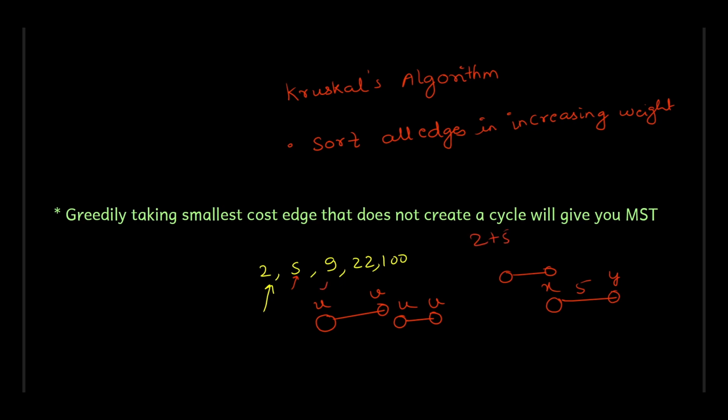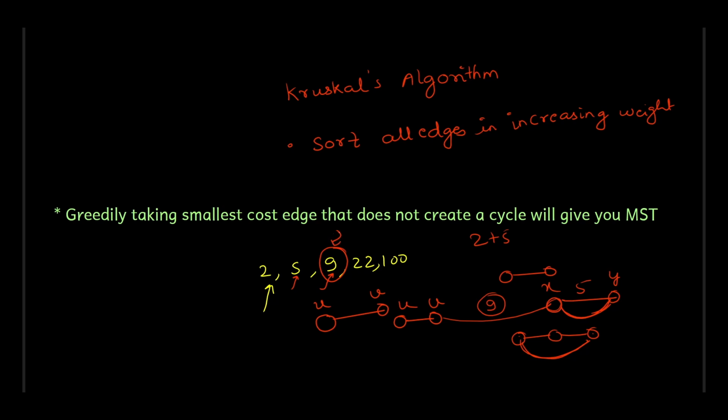Then for this edge weight 9, if it combines two connected components, then you take it. But there could be multiple edges between two components, so you could have something like this: this and this are already in the same connected component, but taking this edge would create a cycle. So you silently ignore this edge.